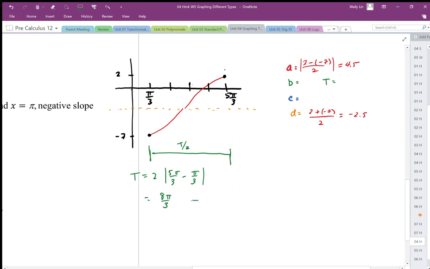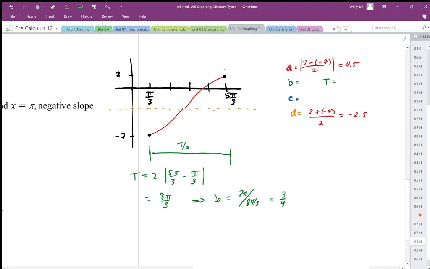And then to get the B value, it is 2π over T, or 8π/3. So we end up with, looks like, 3 over 4 as our B value.